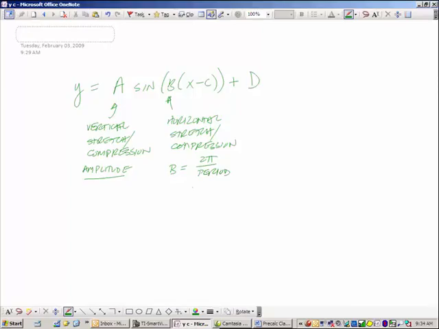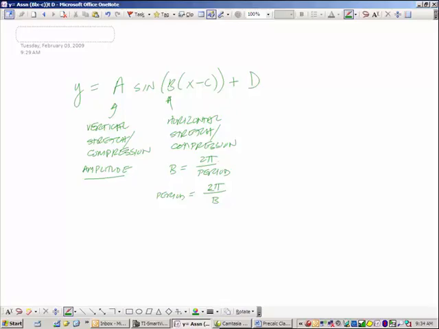Or, another way of writing this is to say the period equals 2 pi over B. Okay, so if you know what the value of B is, then you can find out what the period is by doing 2 pi divided by B. If you know what the period is, you can find out what B is by doing 2 pi divided by the period.